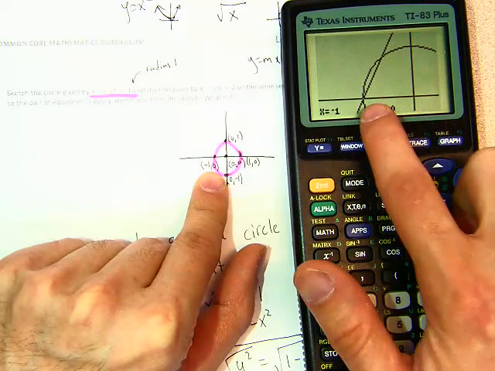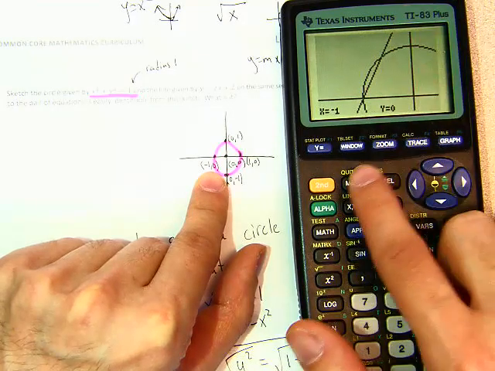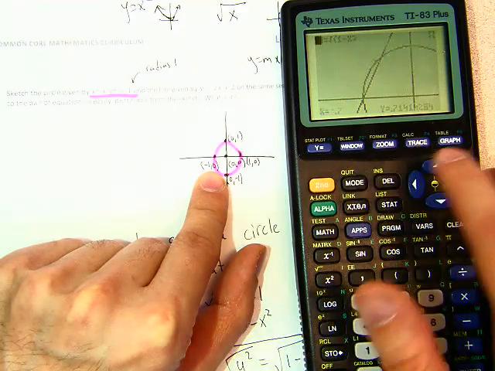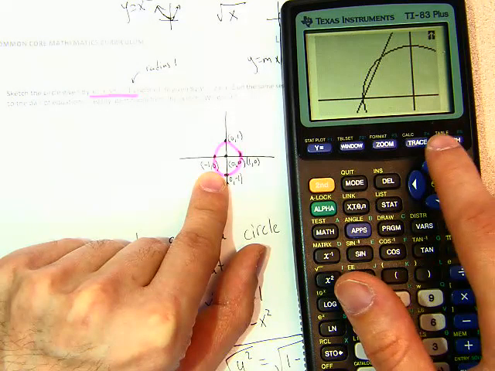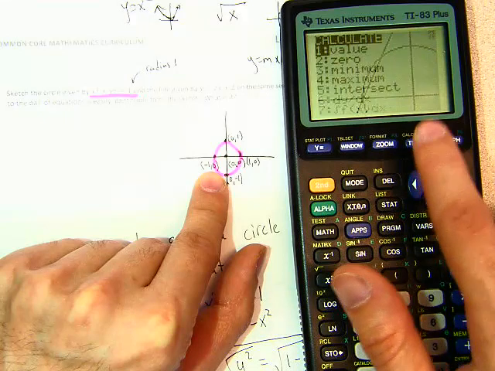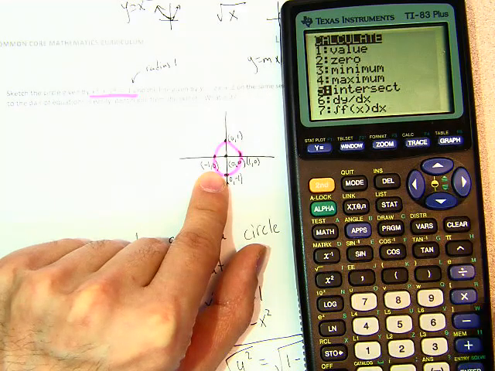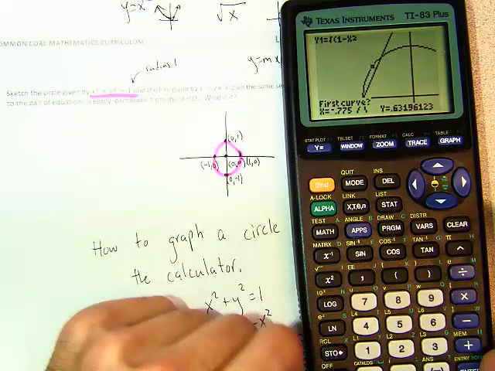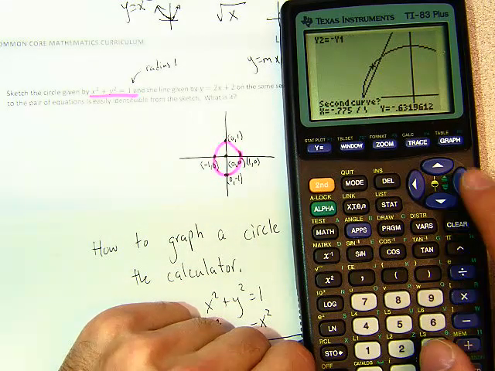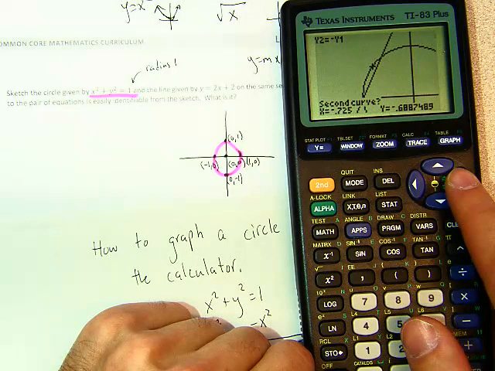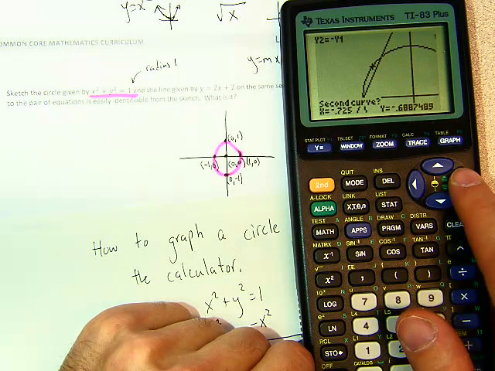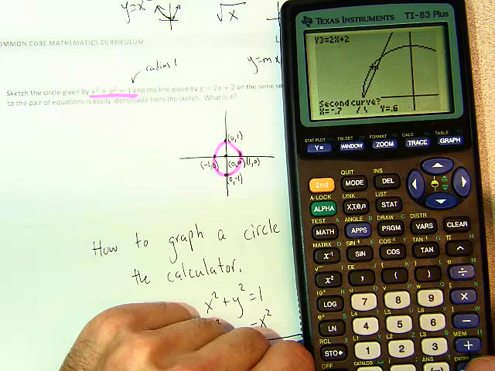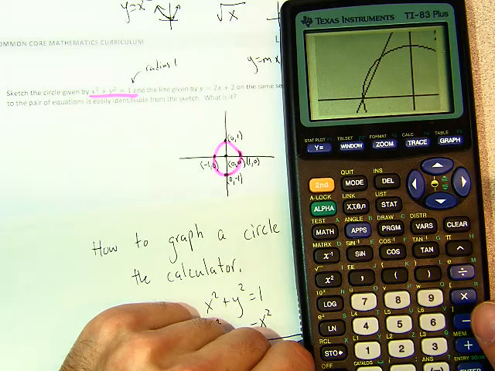And if you want to check the point of intersection of this line, we could go to calc. Oh no, whoops. Let's see, second quit, graph, second trace, intersect. And now here, the first curve, we can hit enter, and then second curve, let's see, this one here, and then it guesses it.